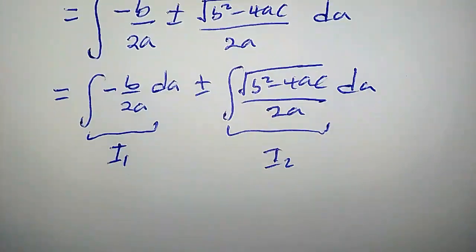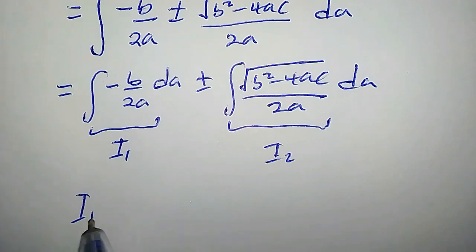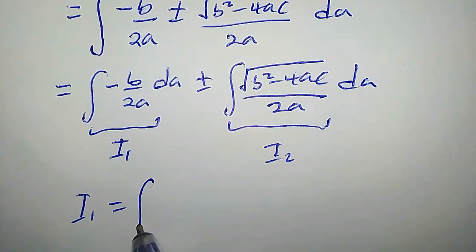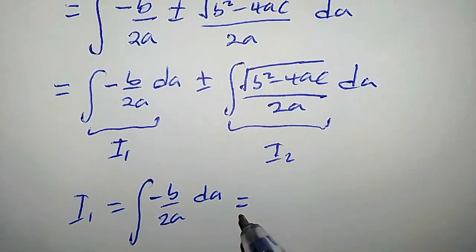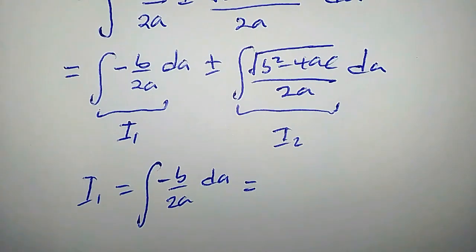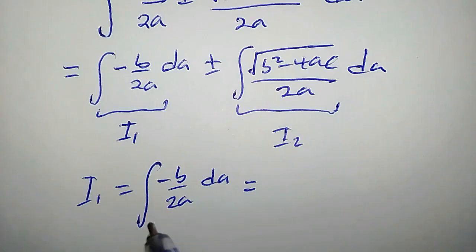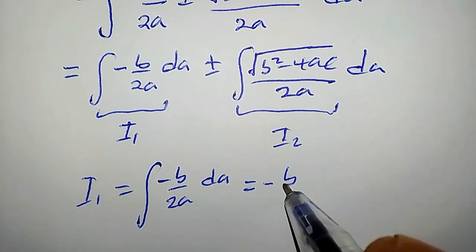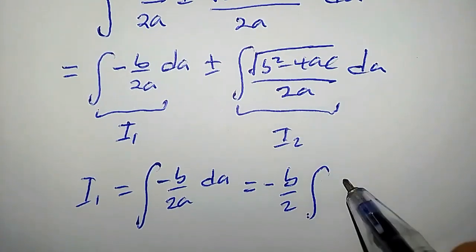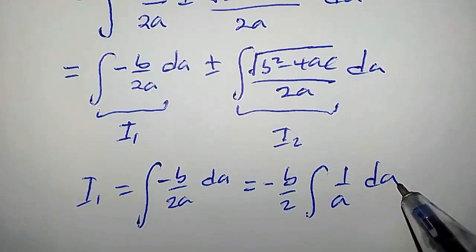Considering this first, I1 is equal to the integral of minus b over 2a dA. You will notice that the constant here is minus b over 2. We can factor it out, so we have minus b over 2 times the integral of 1 over a dA.